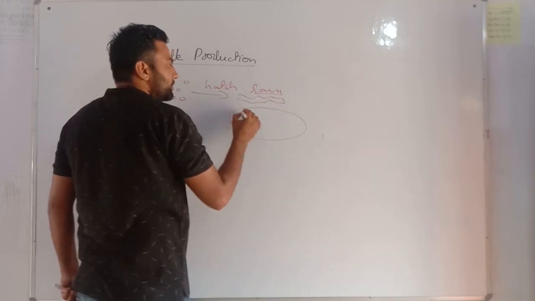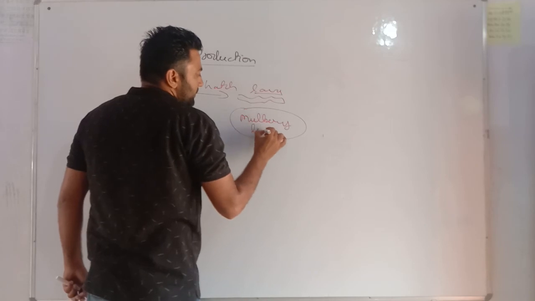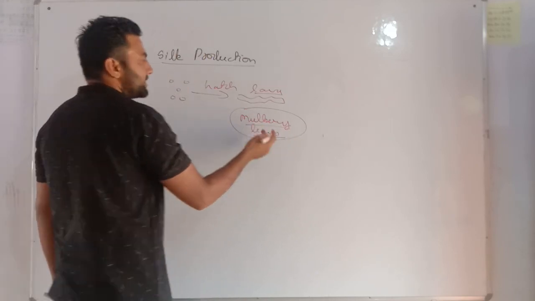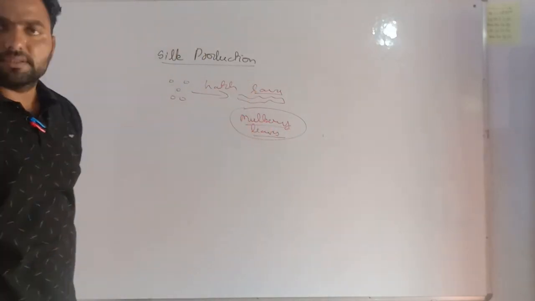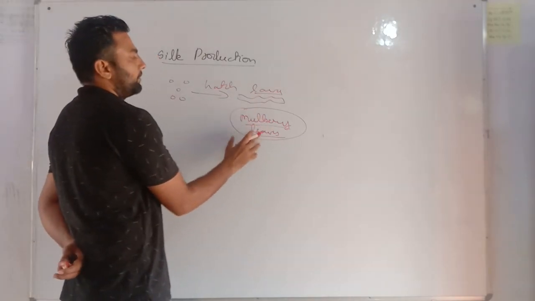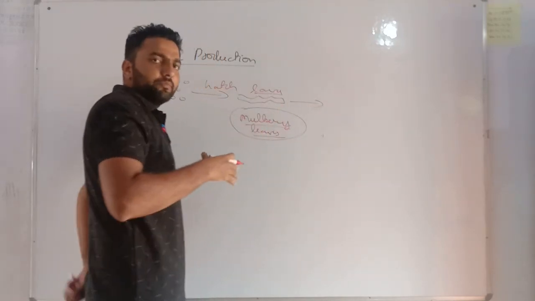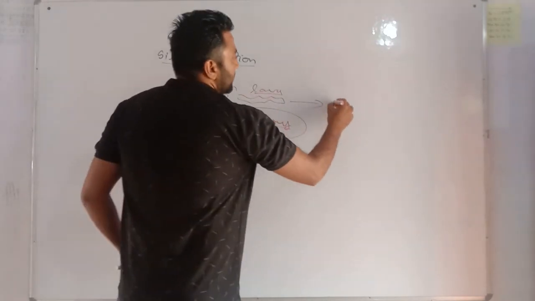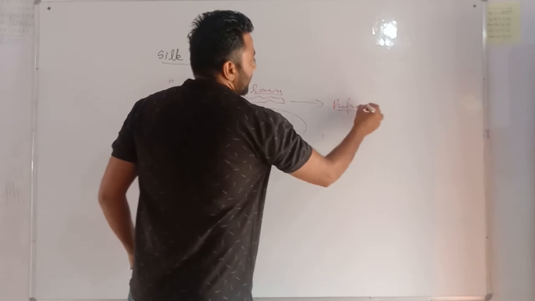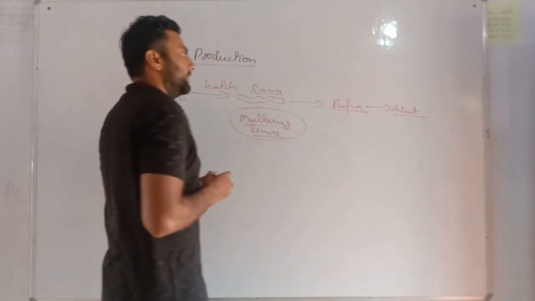Larva or caterpillar is being given mulberry leaves. It is one of the best diets which can be given to any silkworm. The larva eats it, becomes larger in size and becomes pupa. And after pupa it again becomes adult silk moth and gives the egg.